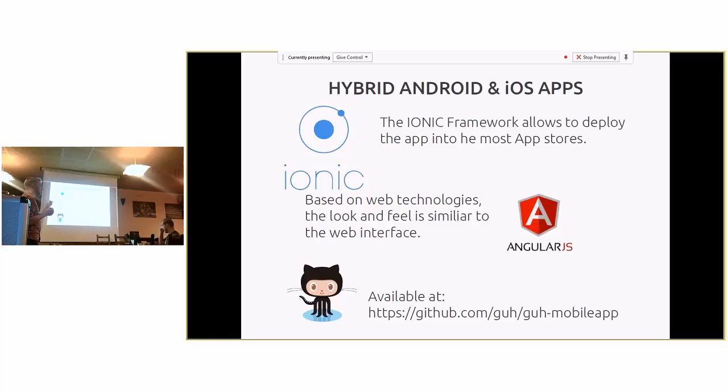Once you customize the web interface, the apps are also customized. So you have to work once and deploy it everywhere. The mobile app is also available at our GitHub website, /guh/mobile-app.